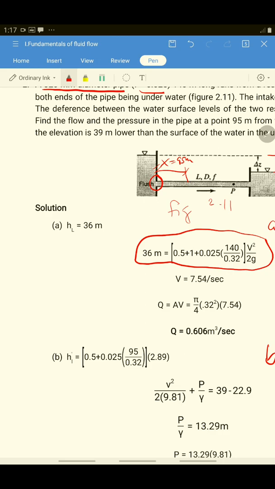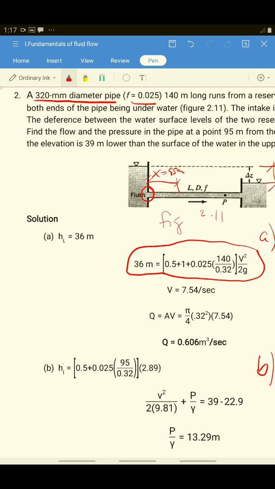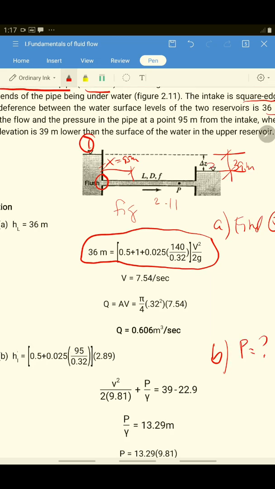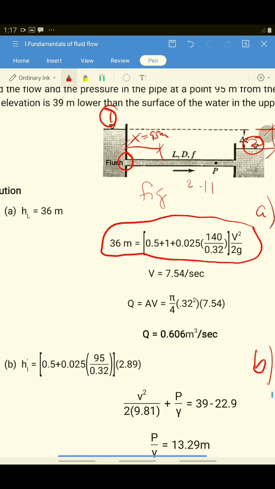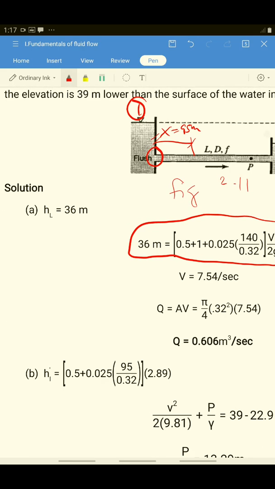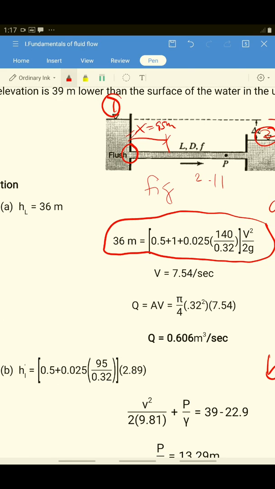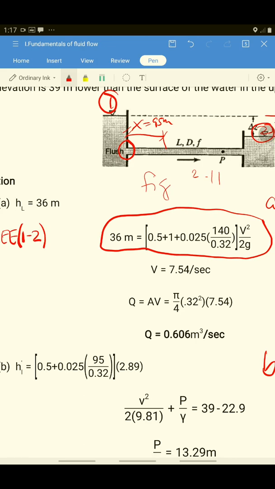I hope you can directly see where these equations come from. If this is your reservoir 1 and this is your reservoir 2, we will get the energy equation between 1 and 2.